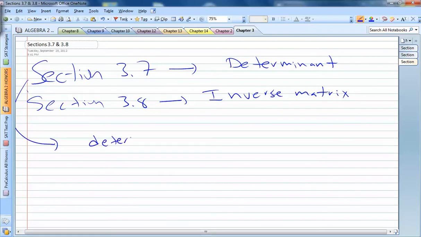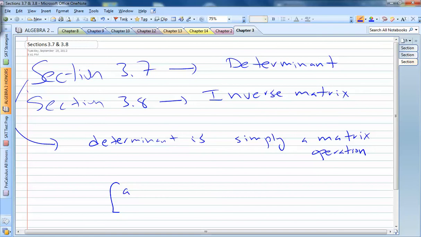A determinant is simply a matrix operation. So, for example, let's say I had a 2 by 2 matrix and I want to find the determinant of that matrix.